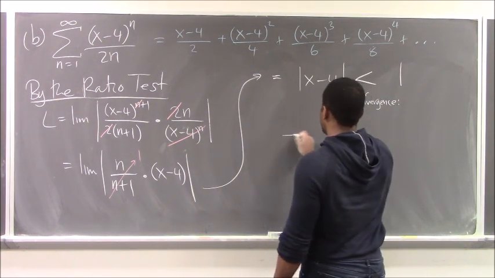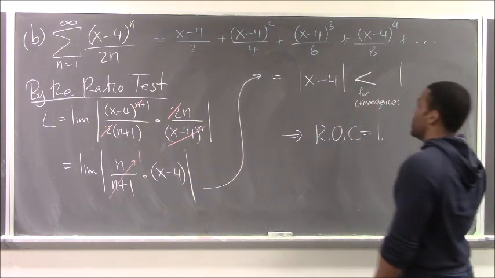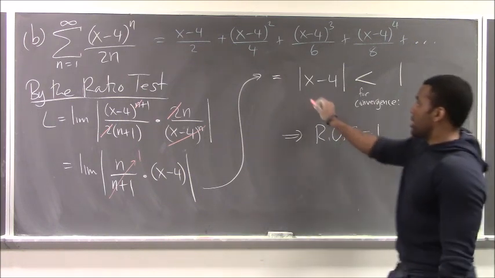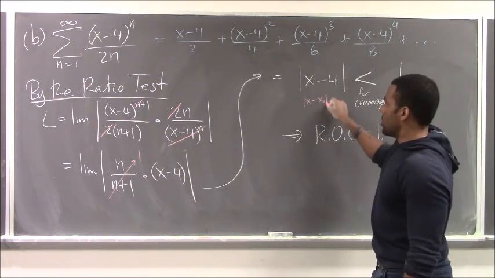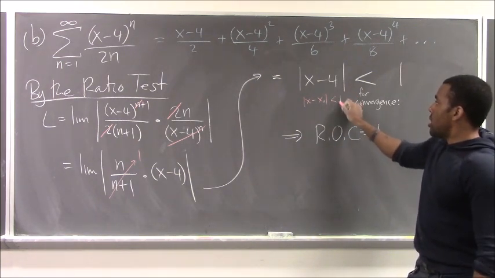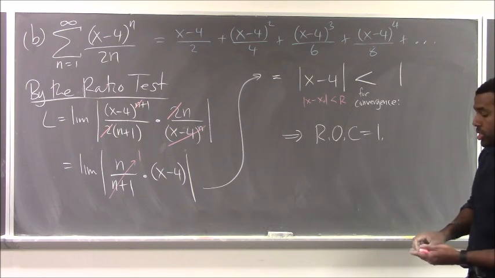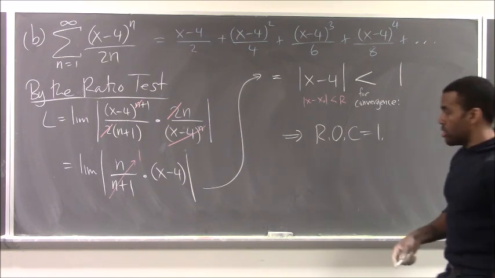Now, this tells me two things. First of all, this tells me that the radius of convergence is 1. Again, because this looks like x minus x naught, which is centered at 4, and I get less than r, and my r in this case is 1. So I know that's the radius of convergence. We'll be able to find it later as well.